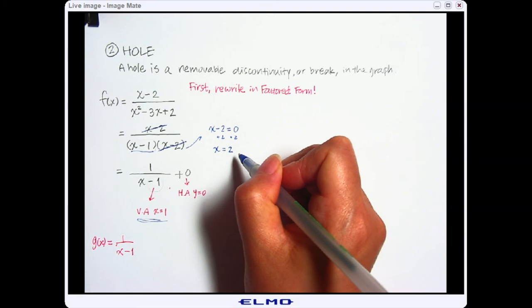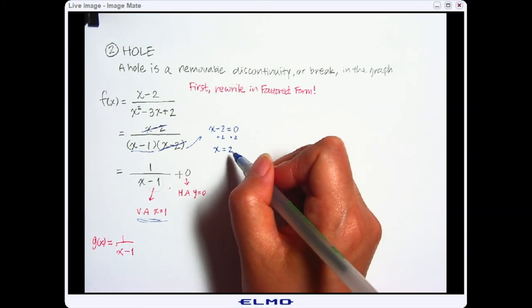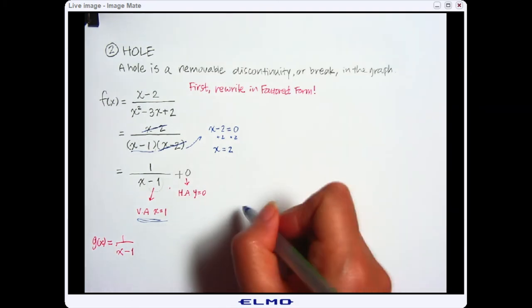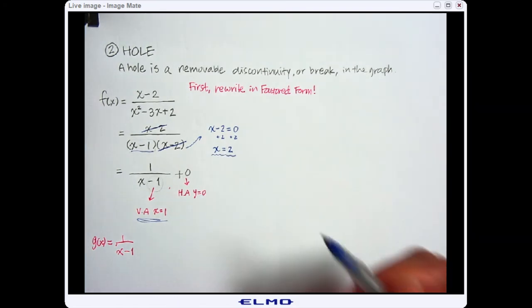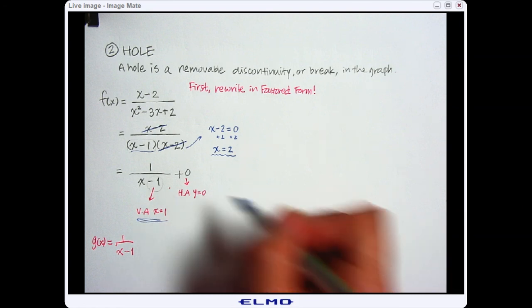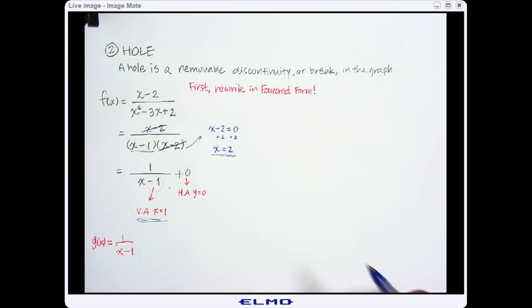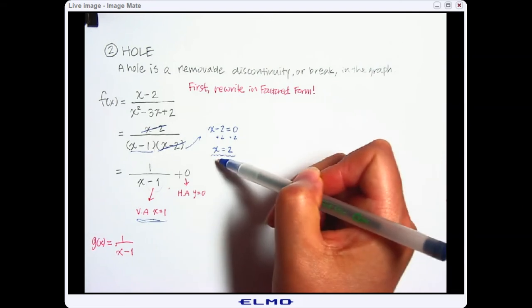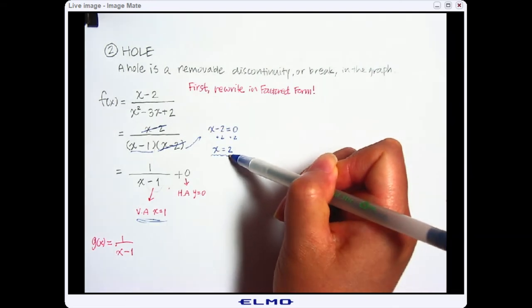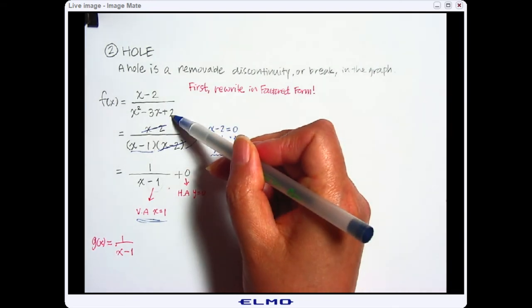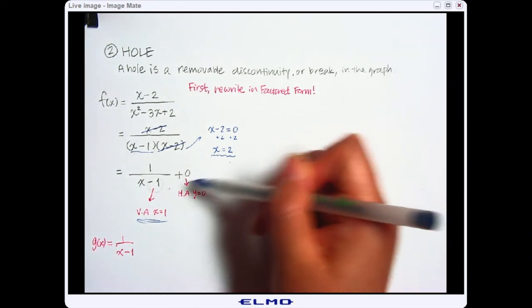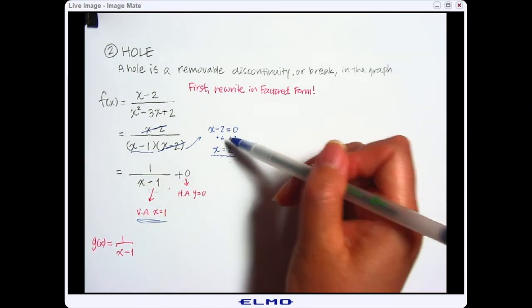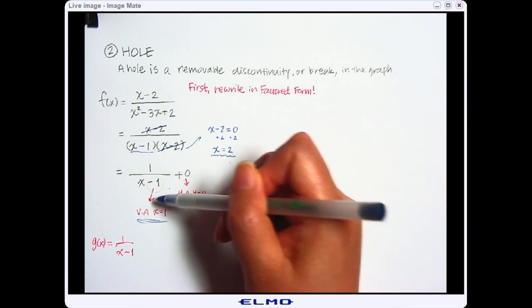And now I have to find the y coordinate of the position where we are going to put the hole, right? So if the x is 2, how can I find the y coordinate when I plug in 2? Of course, you can plug back into the equation, but it should give you the same result whether you plug this back in the original or simplified, then it might be easier for us to use the simplified part to plug this number in.